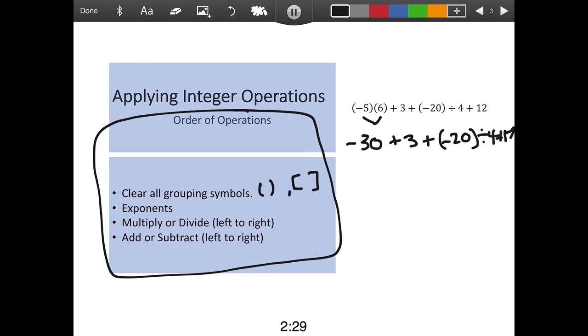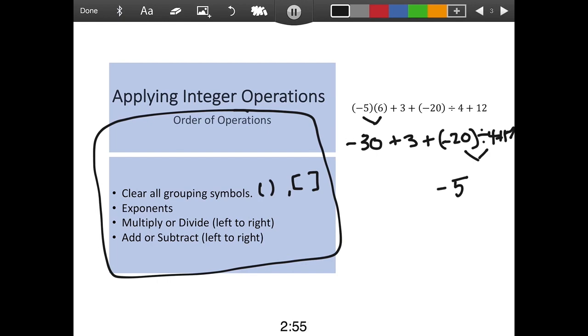Now I'm looking again, do I have any more multiplication or division? Yes, I have division. -20 divided by 4. Now, division of integers is almost identical to multiplication. You're going to divide 20 divided by 4, which is 5. And then the rules are the exact same. What is a negative divided by a positive?